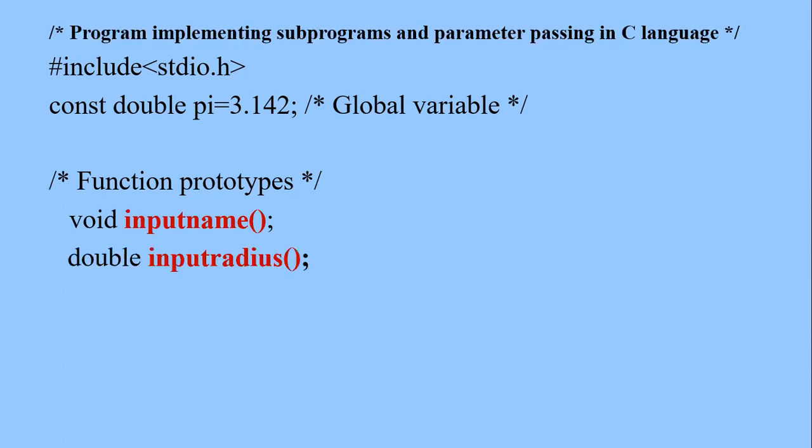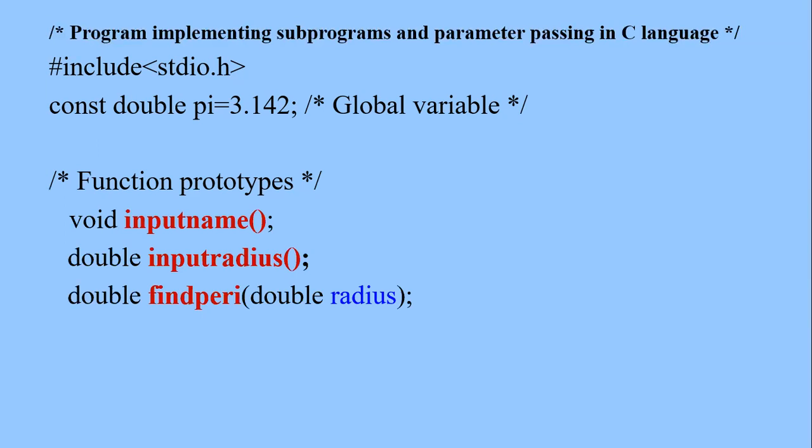So the second one is a function called input radius. This is a void function and is supposed to return a value of type double. Then the next is a declaration of another function. This function is called find peri.